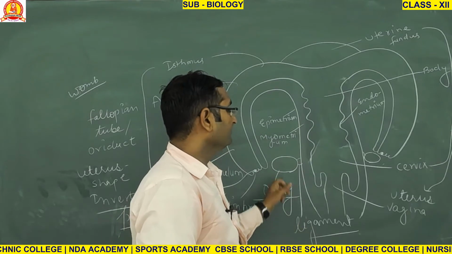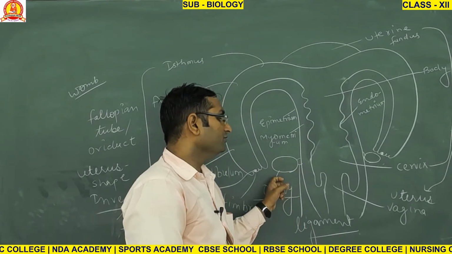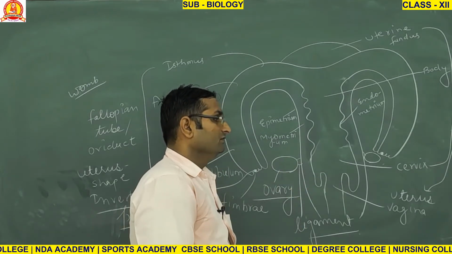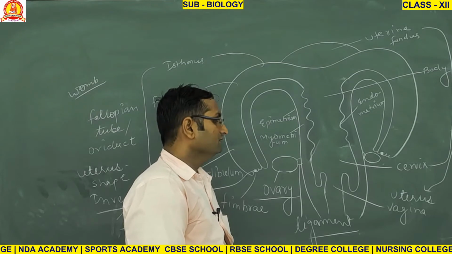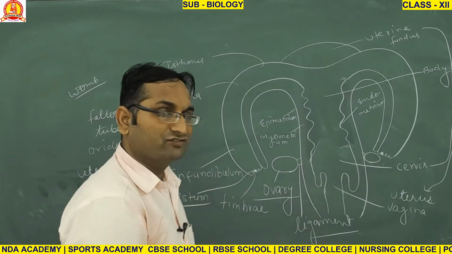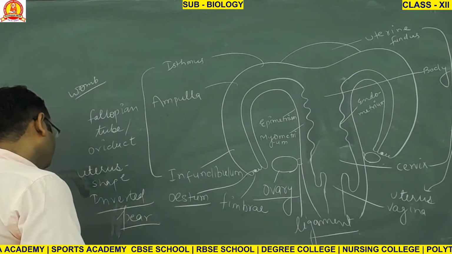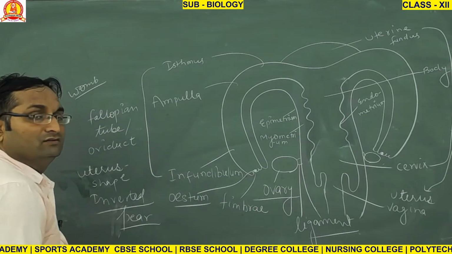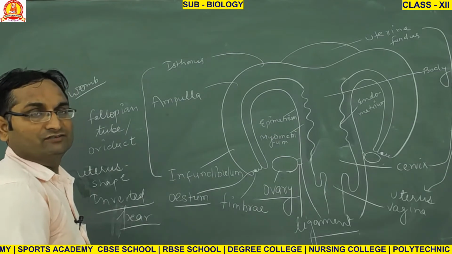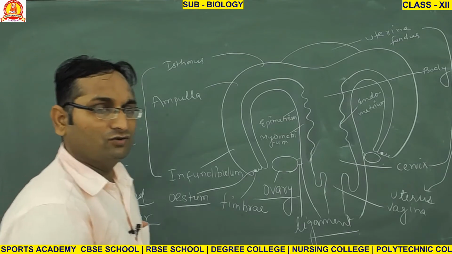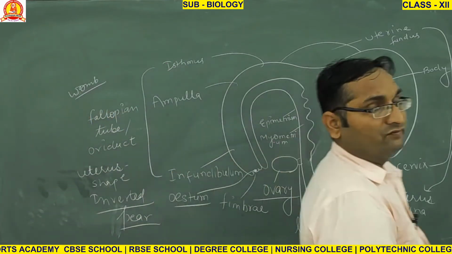Then next part of female reproductive system is vagina. Vagina is a tube-like structure, and vagina receives the sperm during intercourse or copulation.